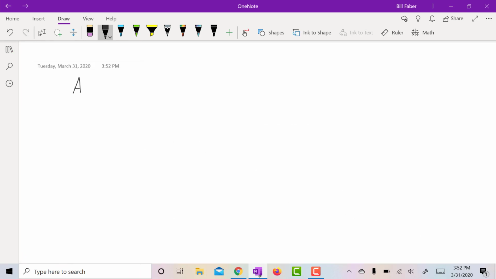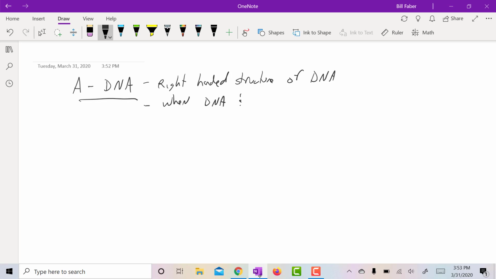There also is what's called A-DNA, and this is a right-handed structure of DNA. It just has different dimensions than B-DNA, but it occurs when you have a DNA and RNA hybrid.